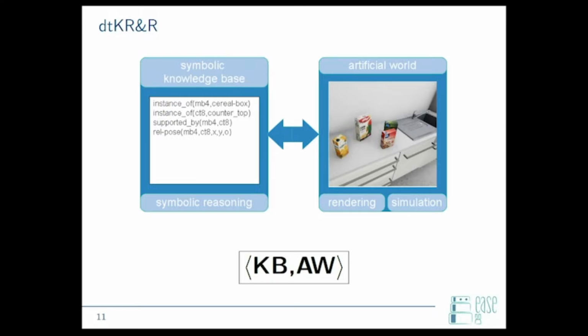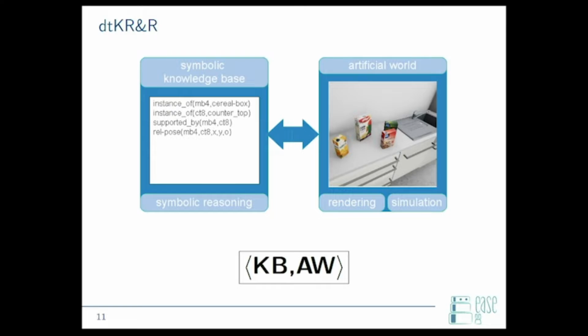So a digital twin knowledge base consists of two components: the first one is a symbolic knowledge base, and the second one is a scene graph representation of the virtual reality environment.